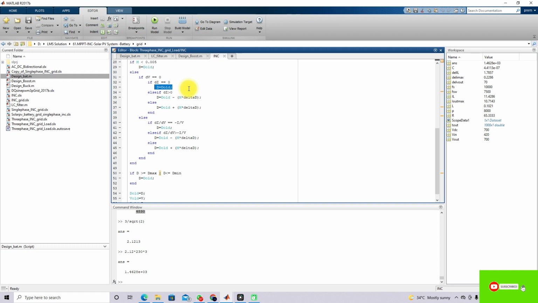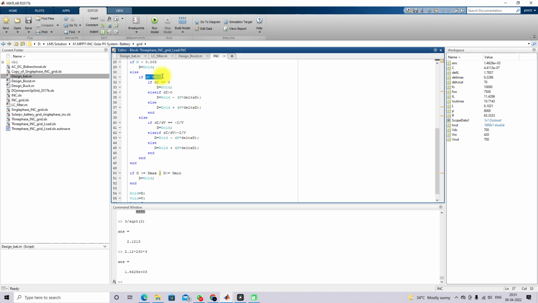If this condition is not true, we check whether the change in current is greater than 0. If it is greater than 0, we decrement the duty cycle. If the change in current is less than 0, we increment the duty cycle to bring the PV panel to the maximum power point position.